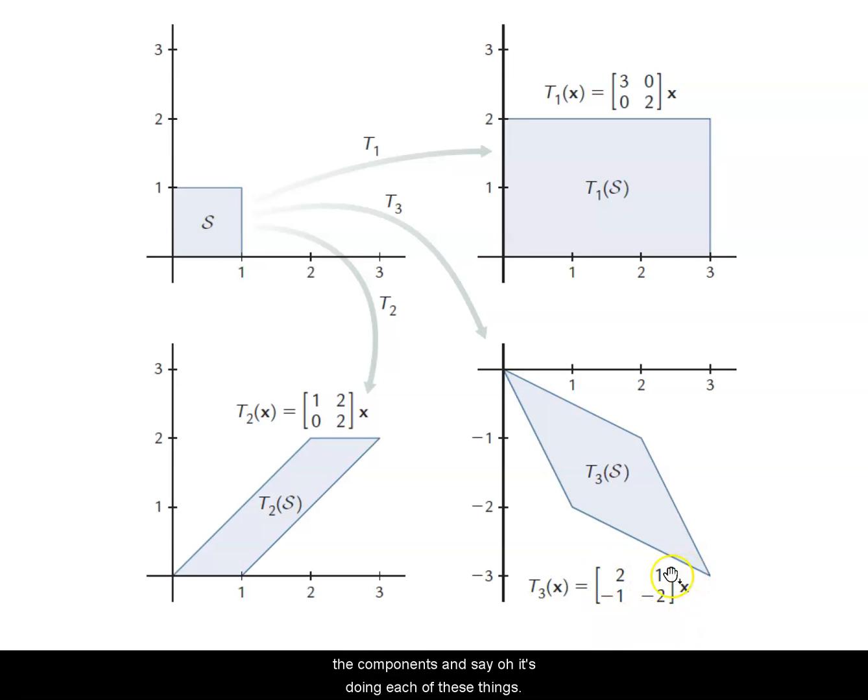So we can look at the components here and say, oh, it's doing each of these things, but it is way easier to think of, well, this was one base and this was the other base, so what does that transform to under this transformation? And then just finish out your parallelogram to see how your space has been changed, okay?